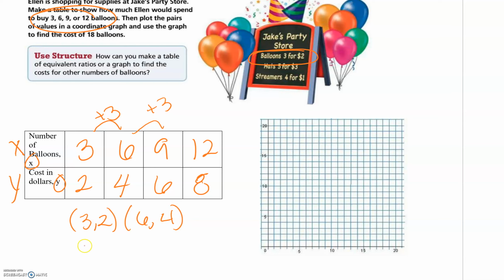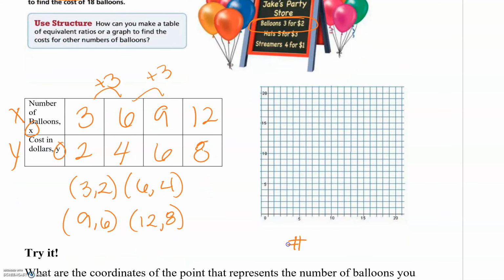Now I can develop the ordered pairs that we're going to use for our problem. So in my graph, this is the number of balloons, and this is the cost. And I'll put a title, cost of balloons.